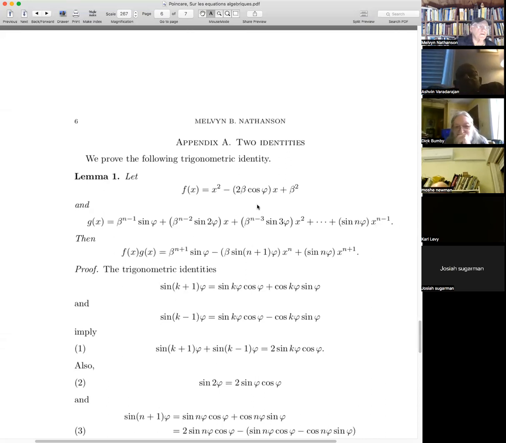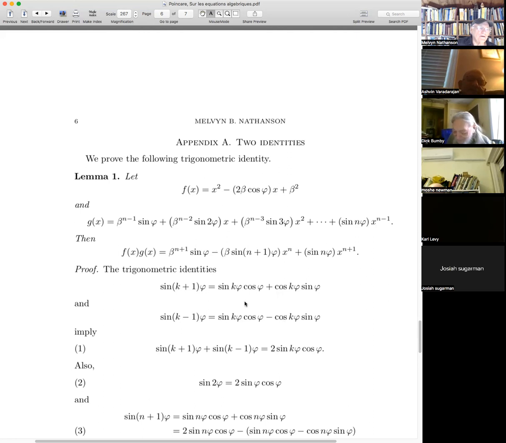And I claim if you multiply these out for any number beta and any angle phi, you get exactly what I claimed you got. And again, if you want to look back to your nostalgic days in high school, where you learn things like the addition formula for the sine, right? Sine of k plus 1 or sine of k minus 1. Well, you get these formulas.